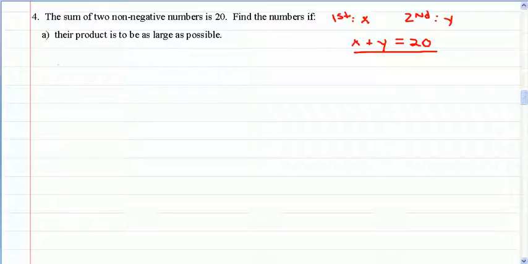And for part A, their product is to be as large as possible. So that means we want the product of x times y to be a maximum. So therefore, I'll be taking the derivative of p. But before I do that, I have to use this equation that I found in the introduction so that I only have one variable.